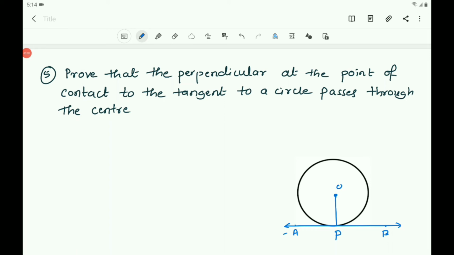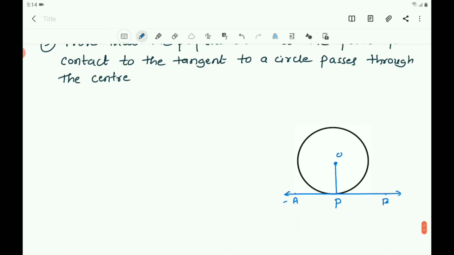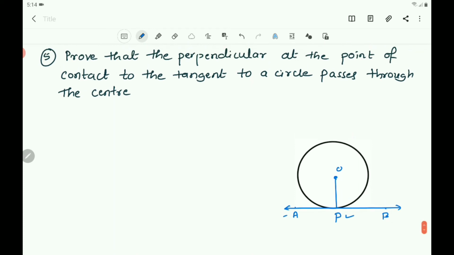The fifth question: prove that the perpendicular at the point of contact to the tangent to a circle passes through the center. Now you see the figure here. AB is a tangent at P and OP is a radius at the point of contact.